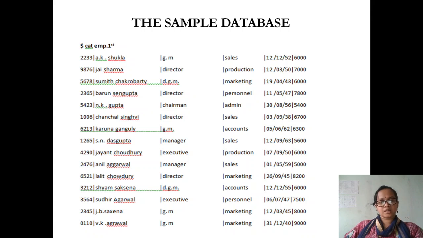A person is identified by the emp id, and the fields are the emp id, name, designation, department, date of birth and salary, depicted in the same order. You will be using this file to execute some of the filter commands.